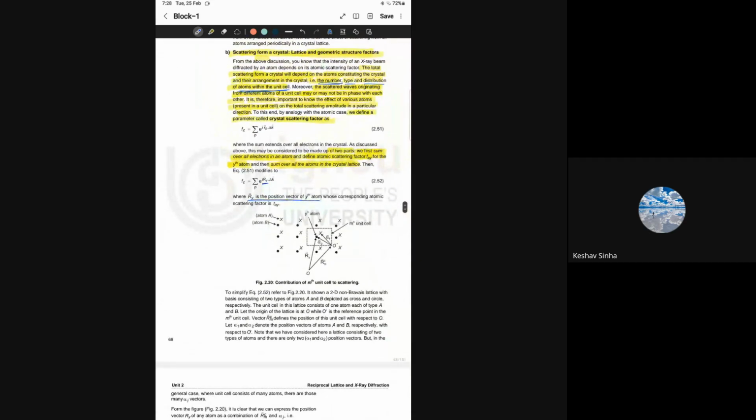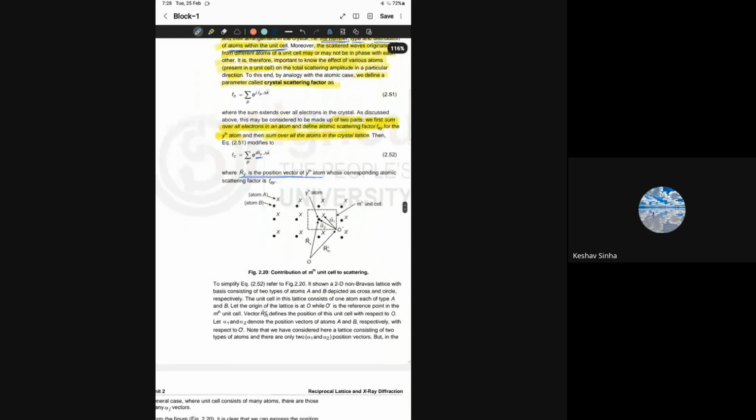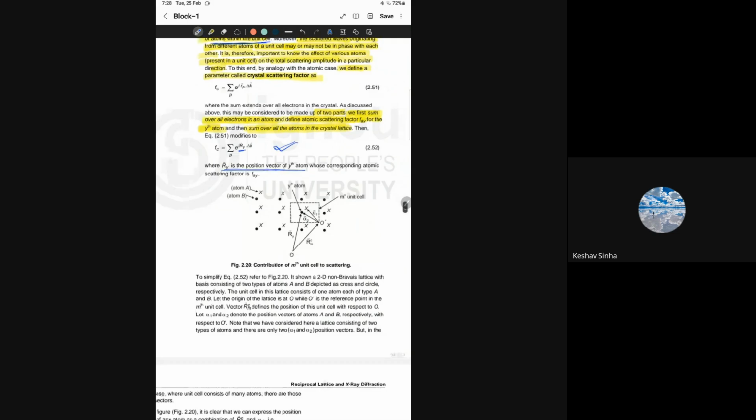Now to simplify this equation, refer to figure 2.20. We already discussed it. It shows a 2D non-Bravais lattice with a basis consisting of two types of atoms A and B, depicted as cross and circle respectively.